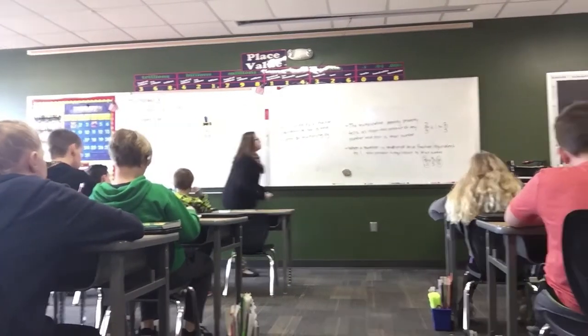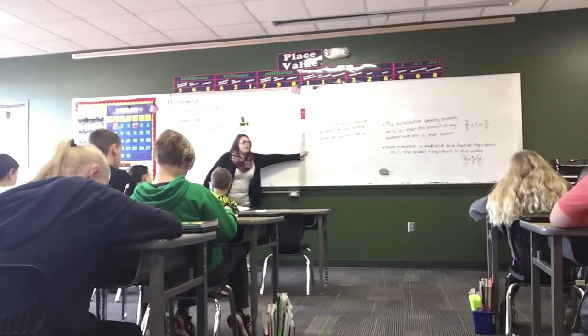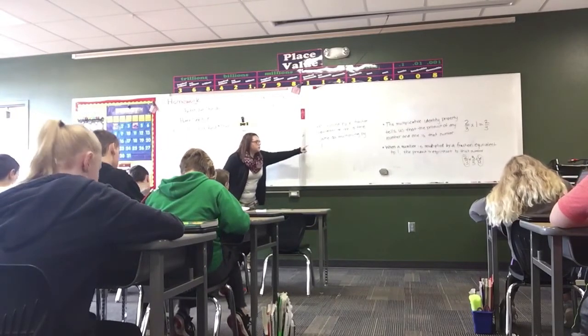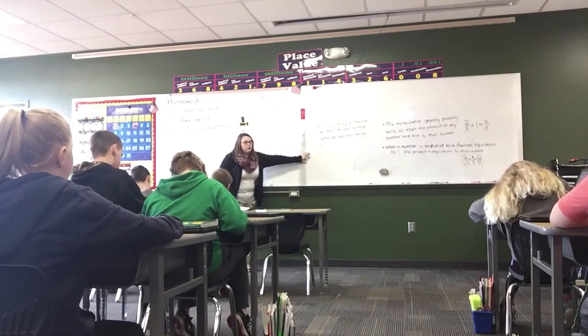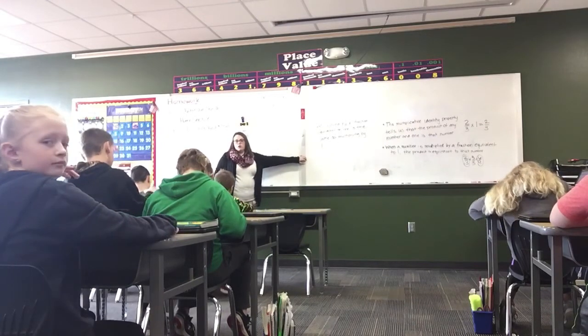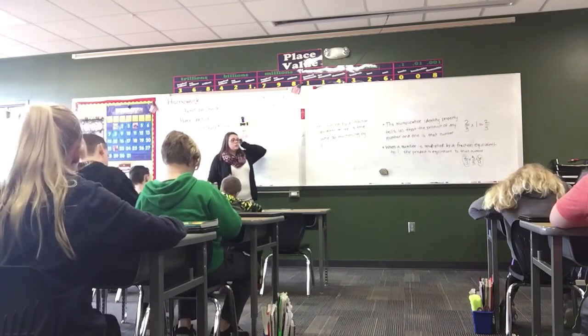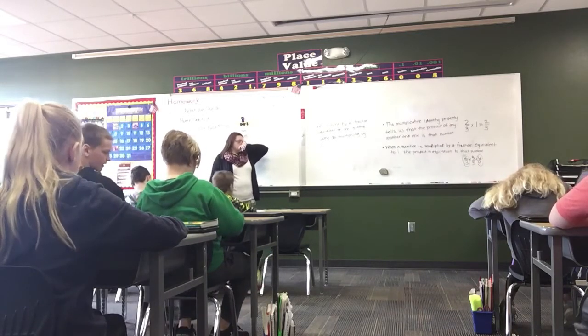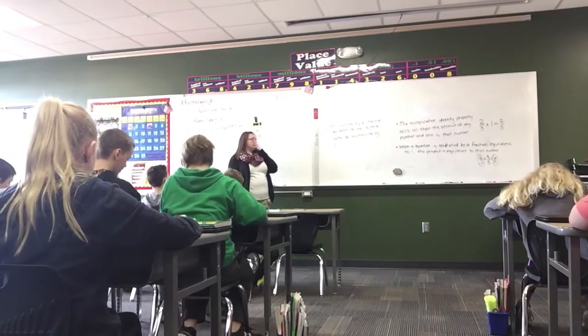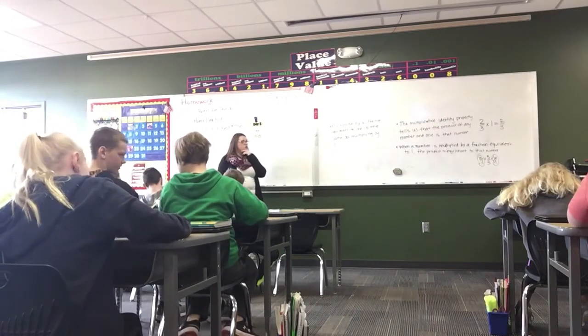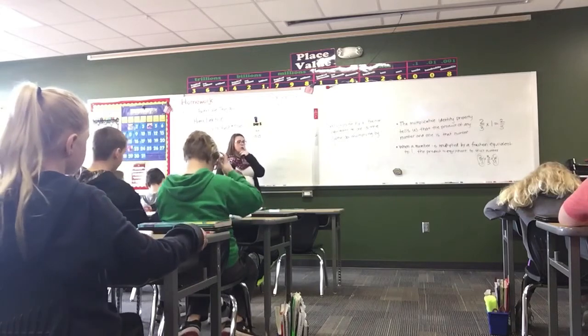Okay, and our last rule. Can my people see it over here? Multiplying by a fraction equivalent to 1 is the same as multiplying by 1. So what's an example of that? Multiplying by a fraction equivalent to 1 is the same as multiplying by 1.